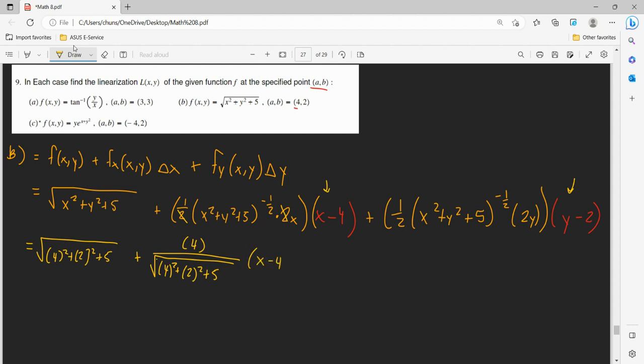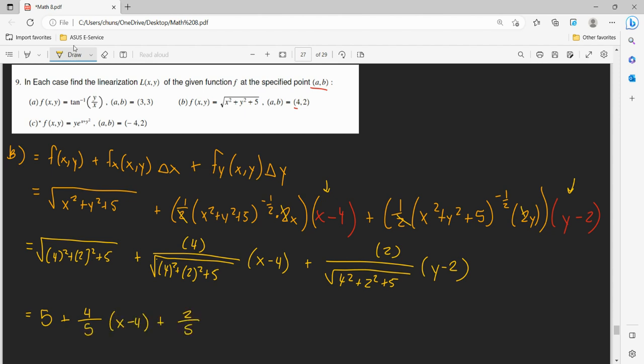And this is x minus 4. And this is plus, so those 2's are going to cancel again. So this is y, so that's 2 over square root of 4 squared plus 2 squared plus 5 multiplied by our difference in y. This is equal to, so this is 16 plus 4 plus 5, which is 25. So this is square root of 25, which we know just to be 5. This is plus 4 over 5, x minus 4, plus 2 over 5, y minus 2.